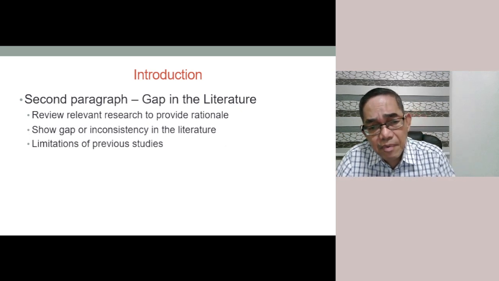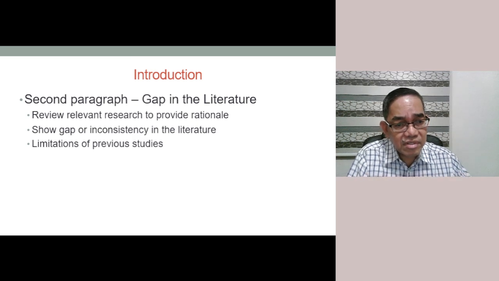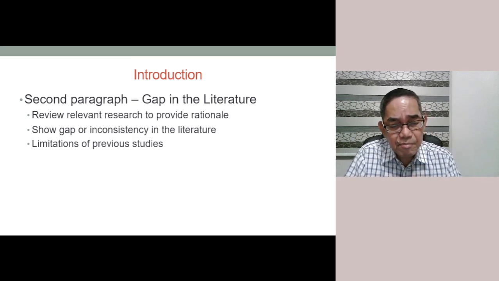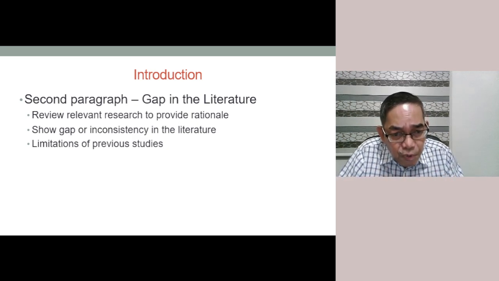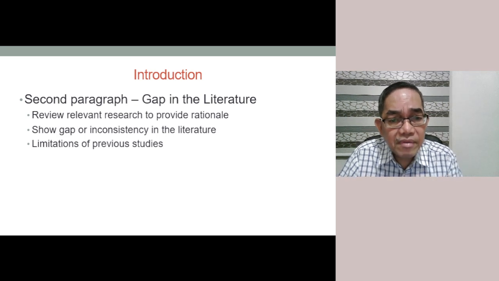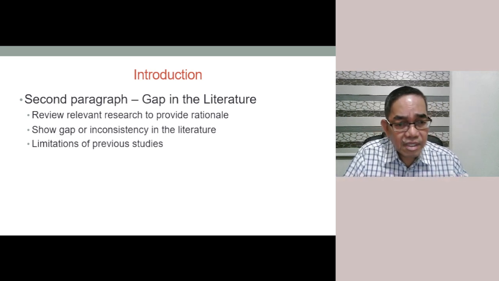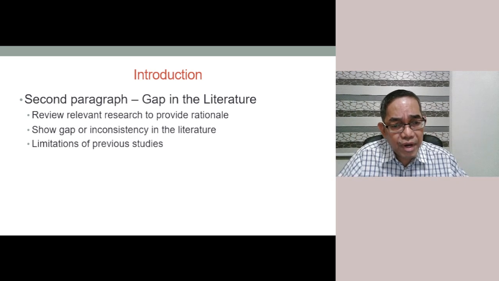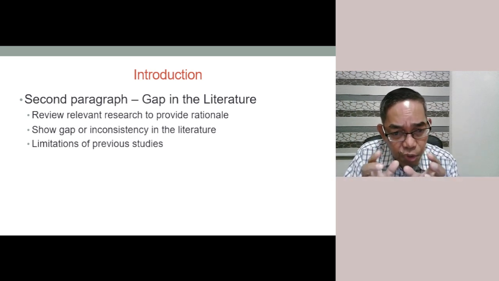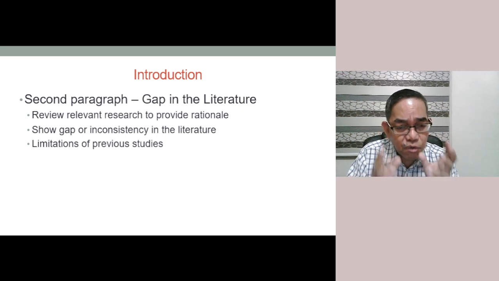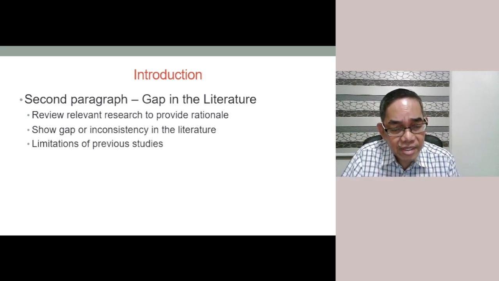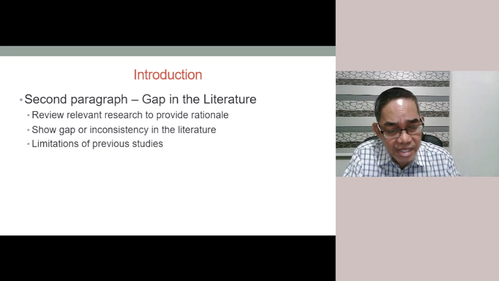You see, a lot of people, when they write the previous studies, provide literature that supports their hypothesis. You don't do that, because if all literature points to the hypothesis that you want to look at, then why is there a need for your study?